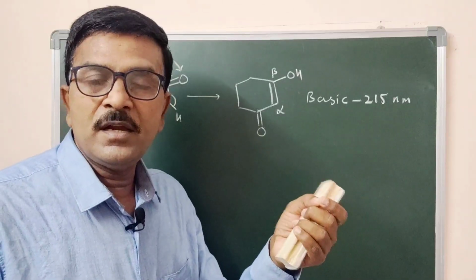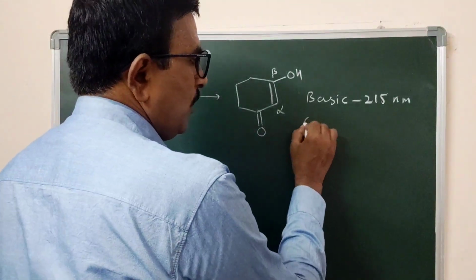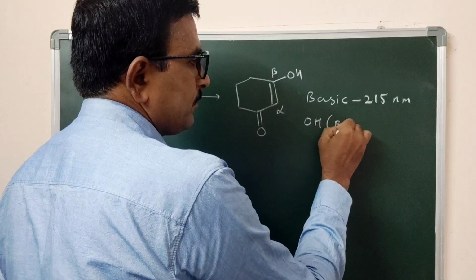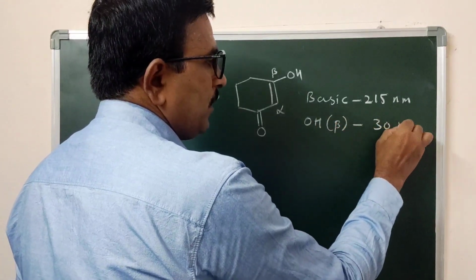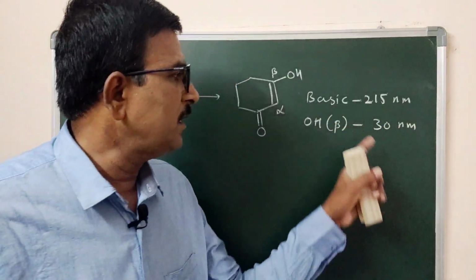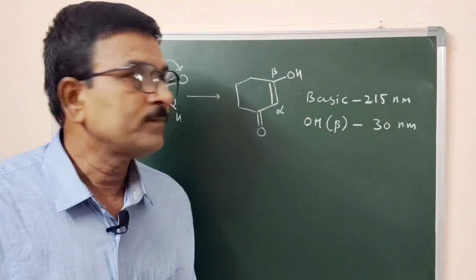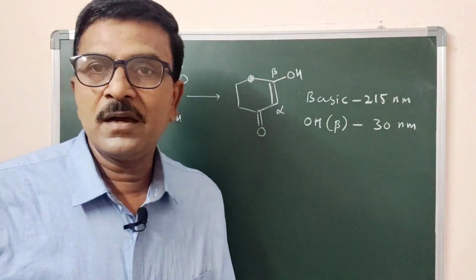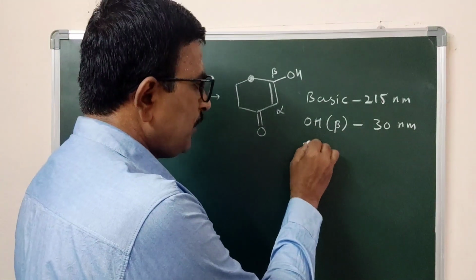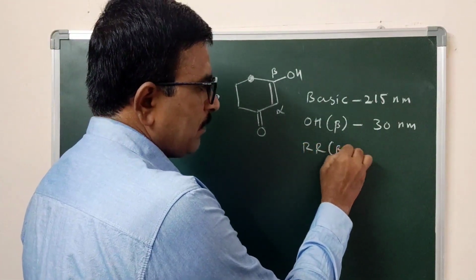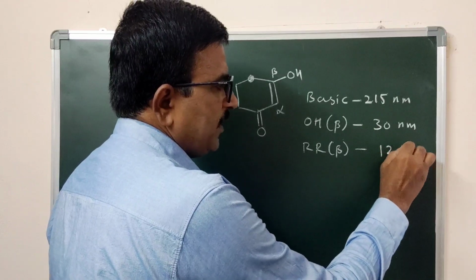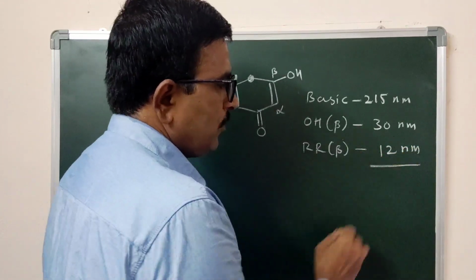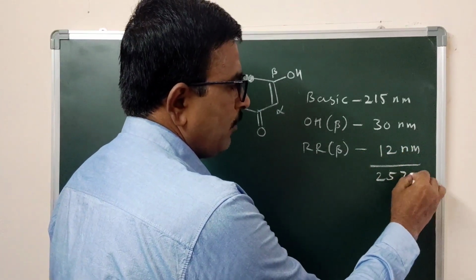If it is on beta, it is 30 nanometer. Now one ring residue is there on beta carbon, again its effect is 12 nanometer. So it becomes 257 nanometer.